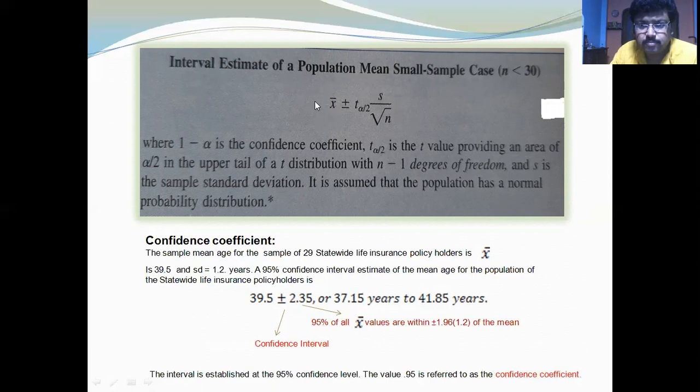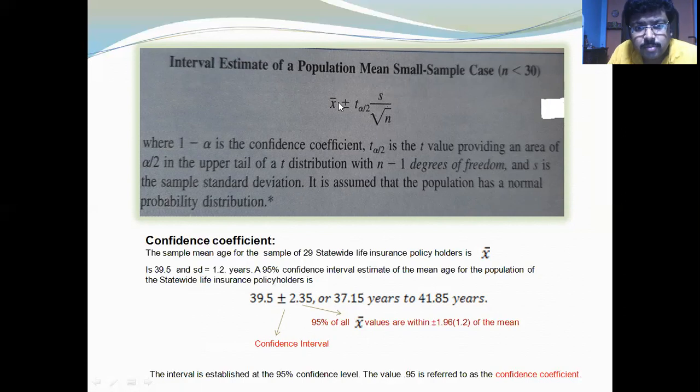Okay, x bar is the sample mean. t alpha by 2 is the t value providing an area of alpha by 2 in the upper tail of a t distribution with n minus 1 degrees of freedom, and s is the sample standard deviation, and n is the number of observations.